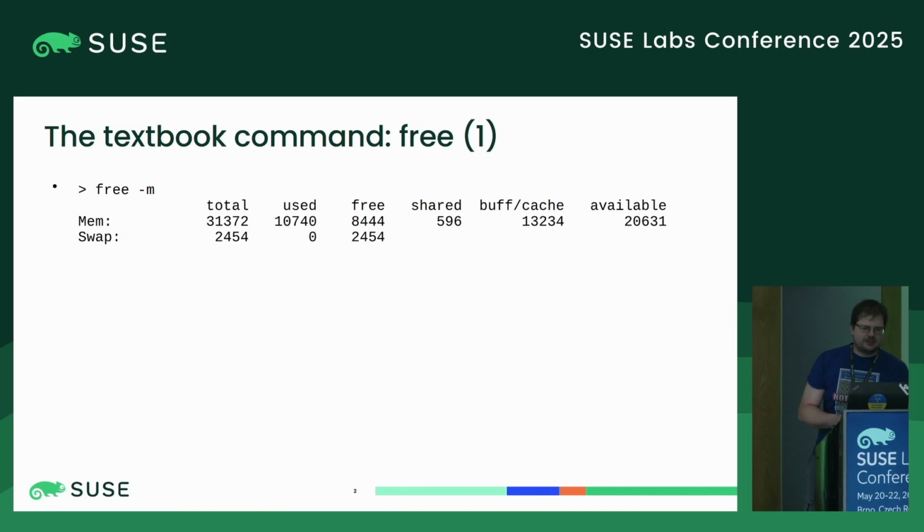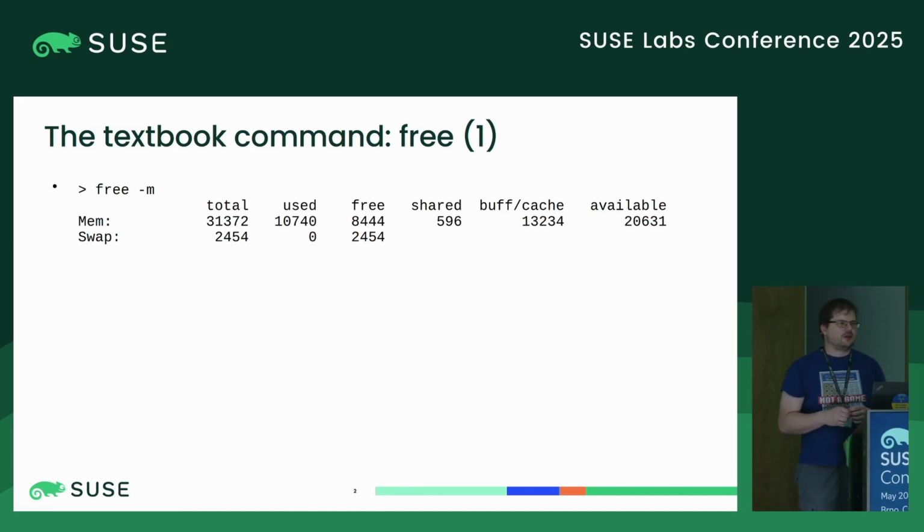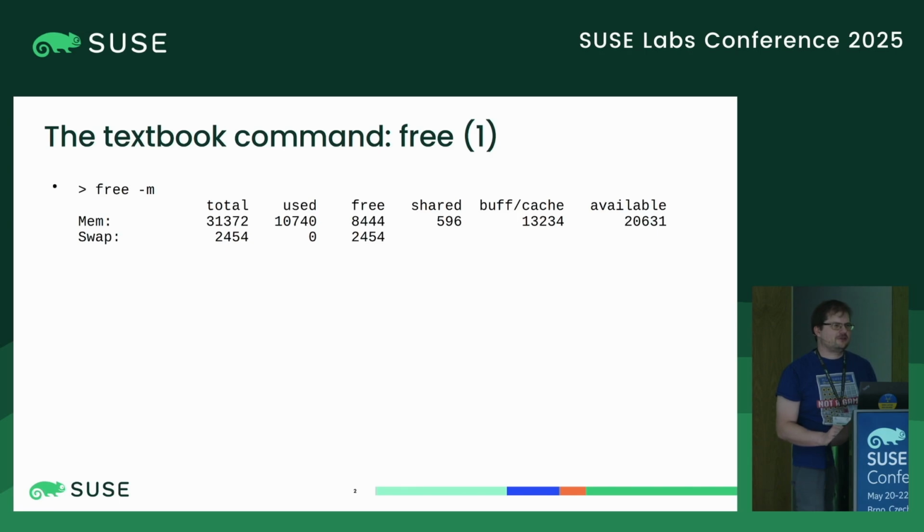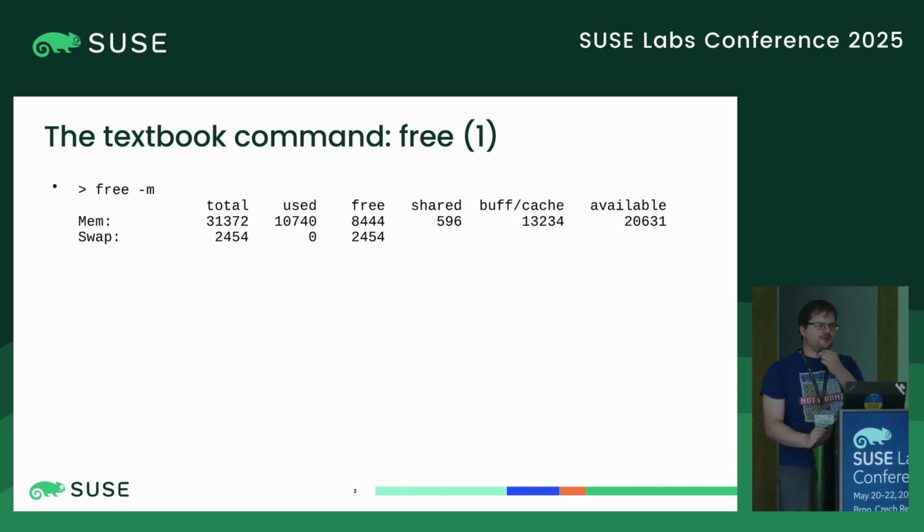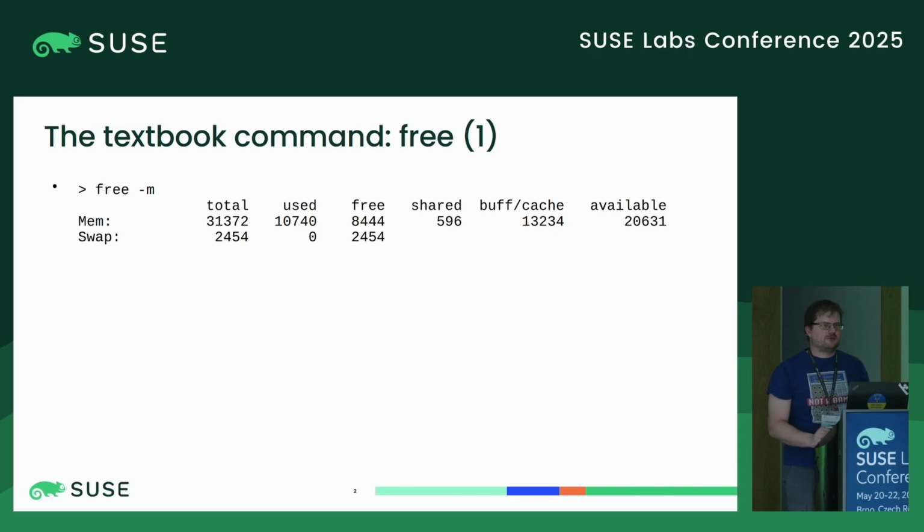So we're discussing where the memory is used in Linux, on the kernel level and process level. We'll start with the very basic overview command that everybody knows. That command is free, and these days it will show you these kinds of values.